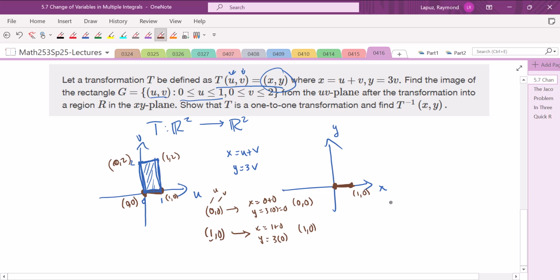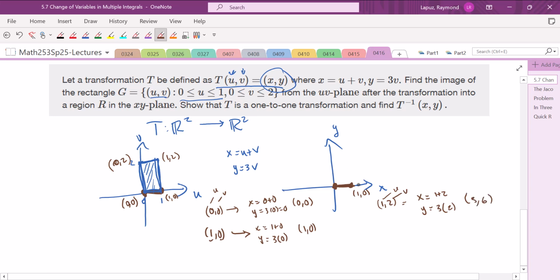So if we take a look at what happens to 1, 2, where 1 is U and 2 is V, X is equal to the sum, so that's 1 plus 2, and then Y is equal to 3 times the second component, 2. So our XY is going to be 3, 6.